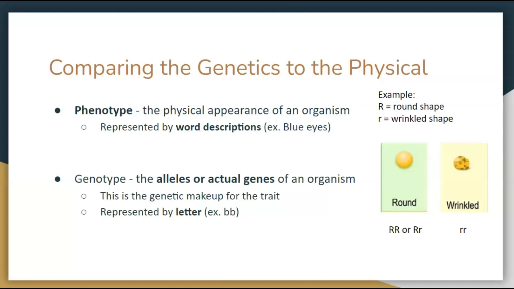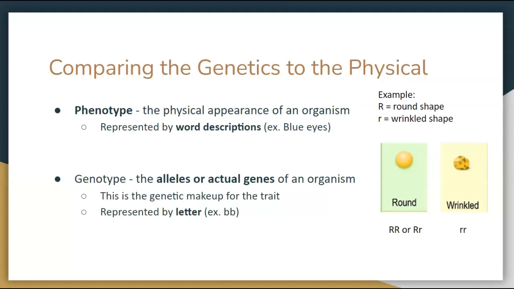So the physical appearance of an organism, we call that a phenotype, right? Physical starts with P, phenotype starts with P. Hopefully that helps you remember it. Phenotype is the physical, and that's usually represented by word descriptions, like blue eyes or round seeds or wrinkled seeds, the words that we're using to describe it.